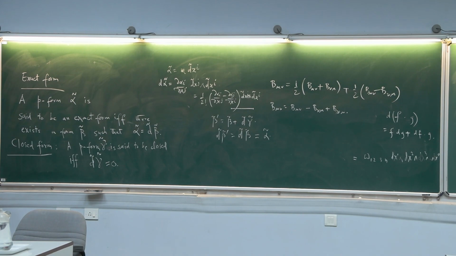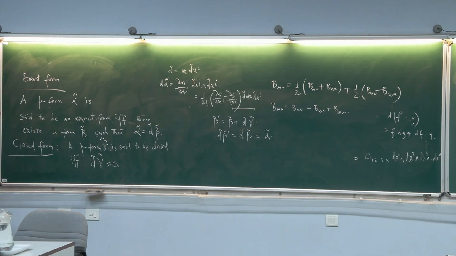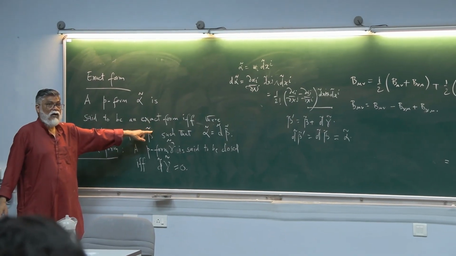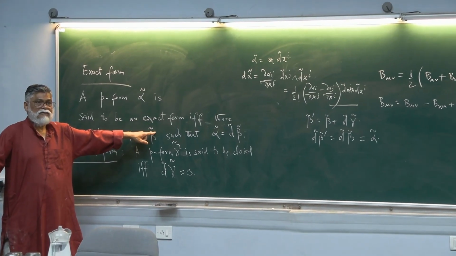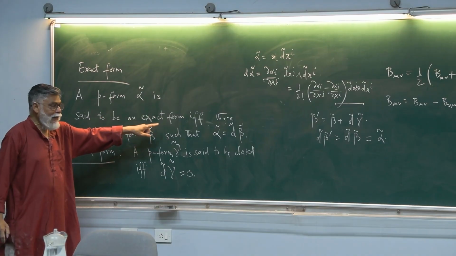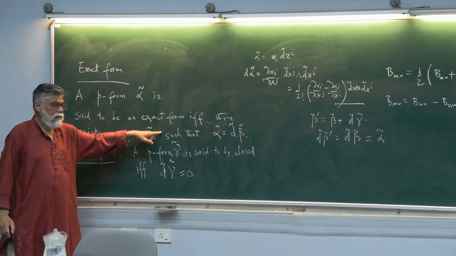So any p form gamma for which d of gamma is 0 is a closed form. That immediately tells me that all exact forms are closed, because of d square being 0. So any exact form is closed.